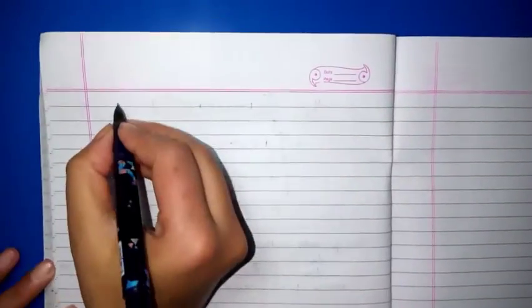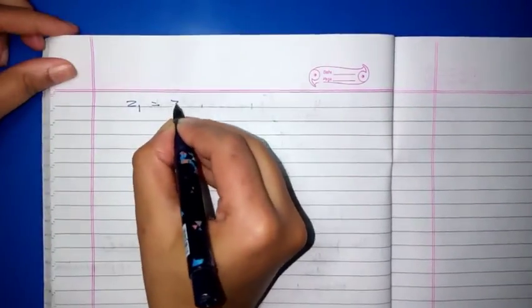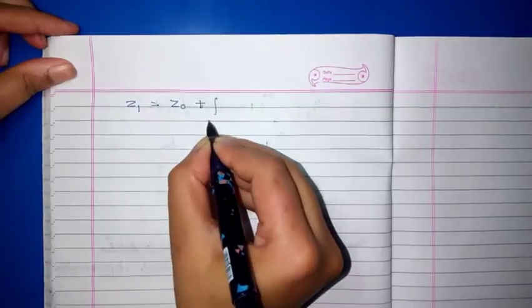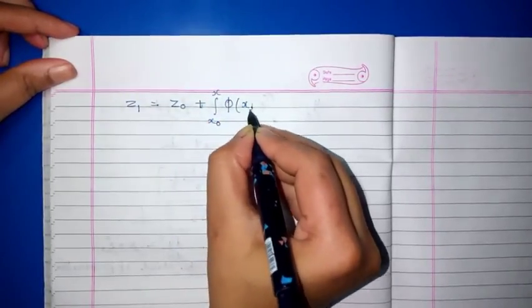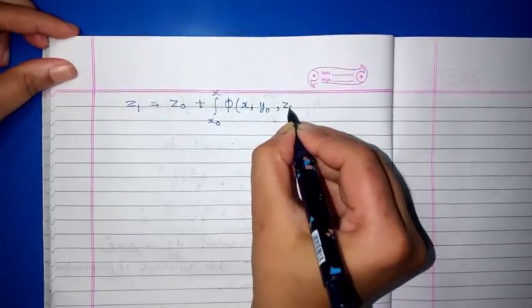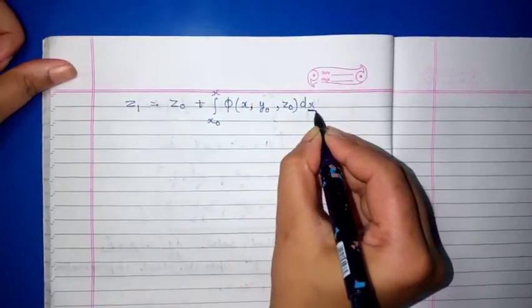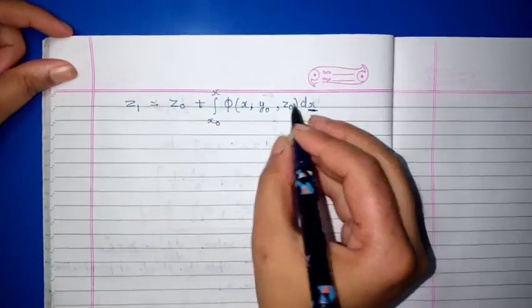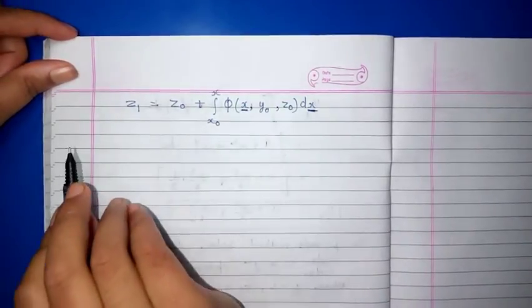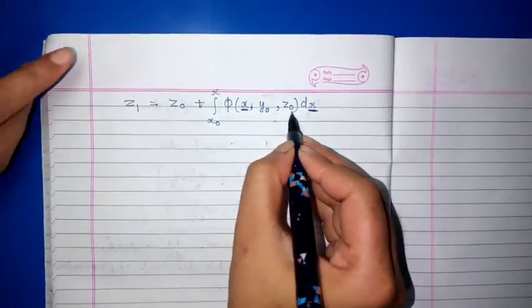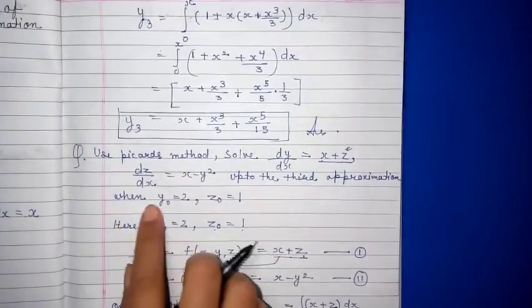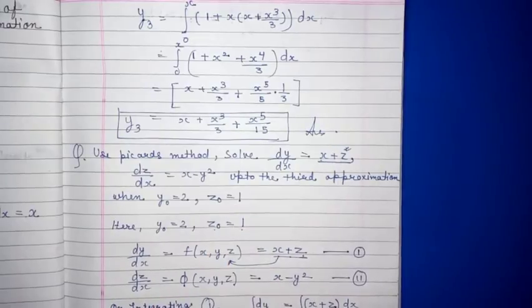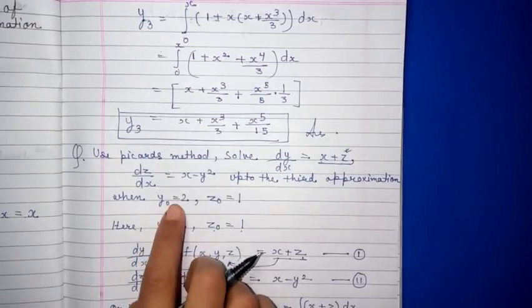Similarly, if we have to find the value of z1, try to understand, here also I am integrating from x naught to x of phi(x, y naught, z naught). With respect to x I am integrating, so you don't have to change the value of x, only the values of y naught and z naught. z naught is given in the question as 1, so in place of z naught I will write 1, and in place of y naught I will write 2.